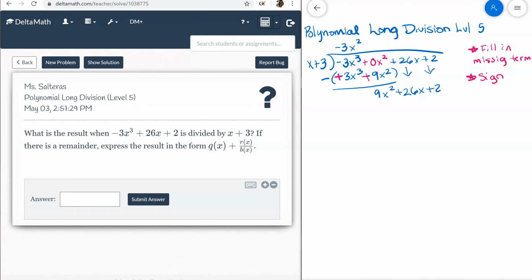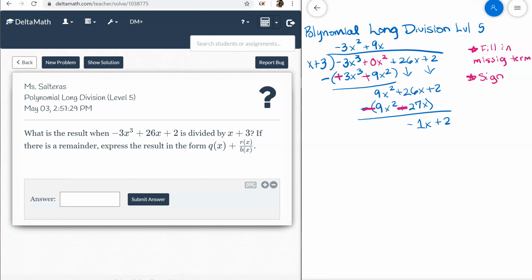So what can I multiply to x to get a positive 9x squared? Well, a positive 9x. So 9x squared, and then plus 27x. Parentheses, subtraction sign, change my sign, so this will become negative, and this will become negative. These terms will cancel out. Then we have a negative 1x plus 2.